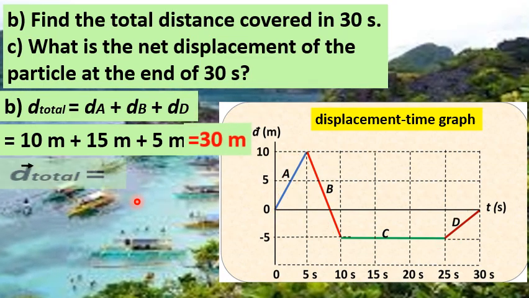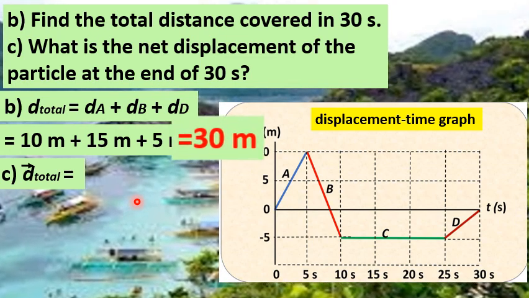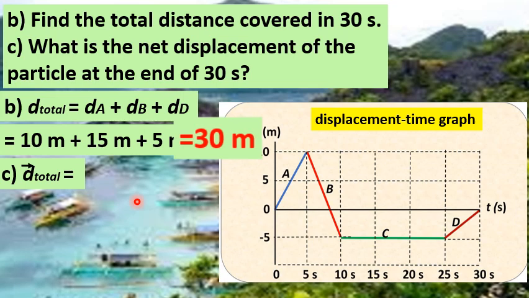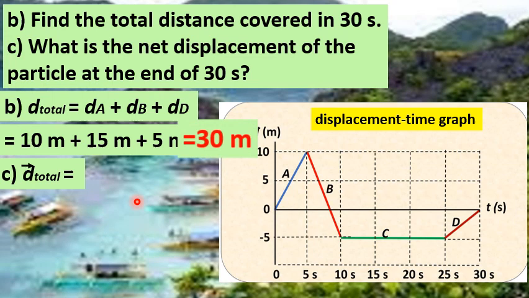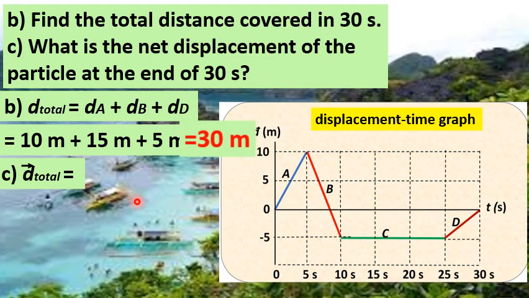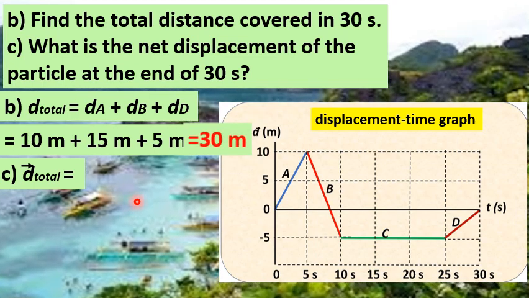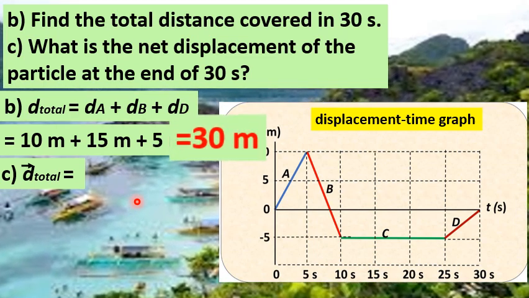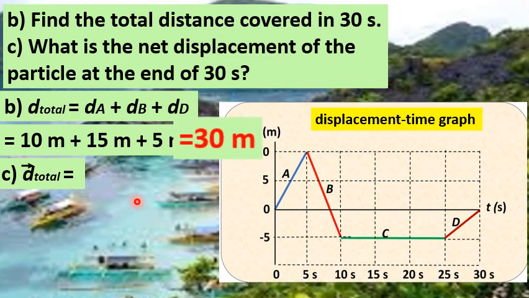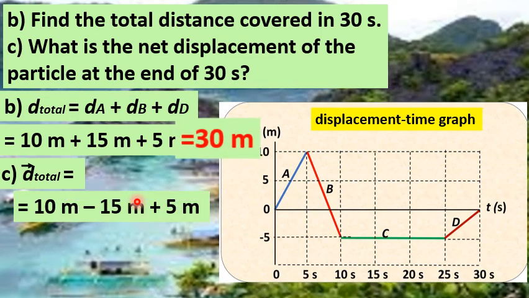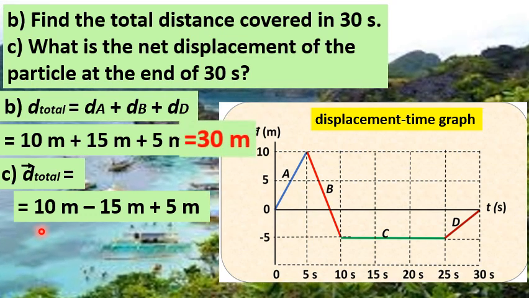And for question letter C, we are asked to find the net displacement for the same time interval, 0 to 30 seconds. And since displacement is a vector quantity, we will be adding the individual displacements represented by, again, segments A, B, and D. That is, for segment A, that's positive 10 meters.